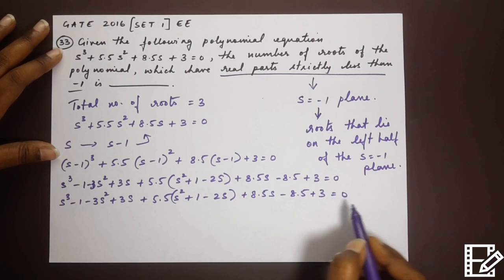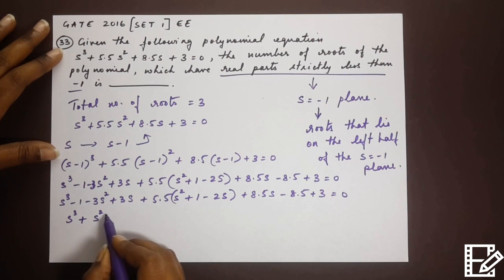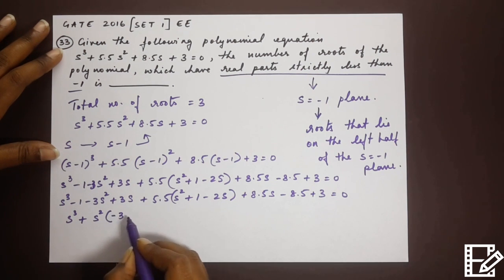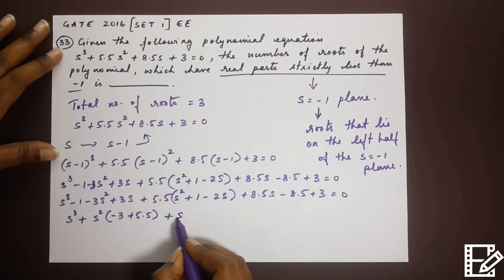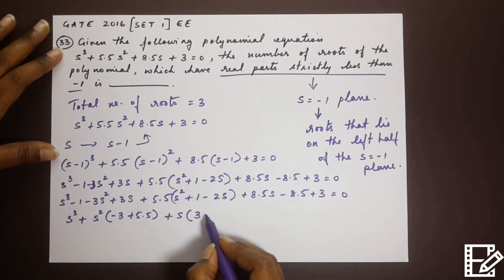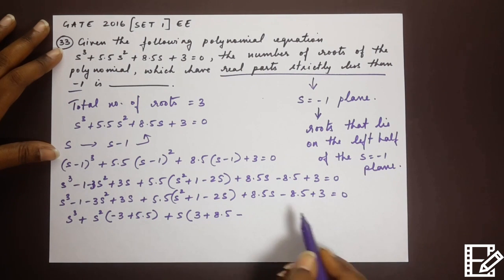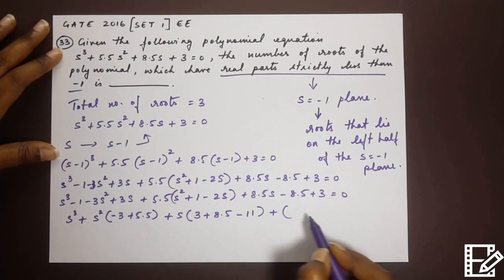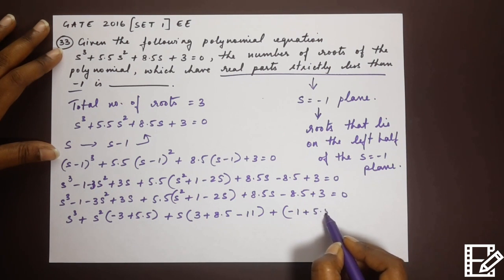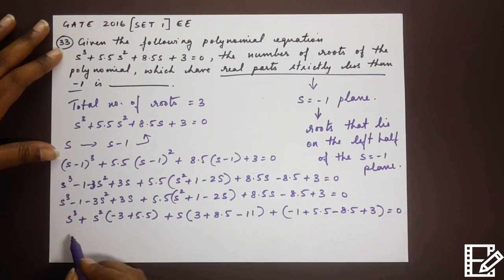Let's do that instead. Okay, so we have s cube plus, taking s square common, that's minus 3 plus 5.5, plus s into 3 plus 8.5 minus, so that would be 11, plus, we'll write down the constants in the last brackets, 5.5 minus 8.5 plus 3 is equal to 0.